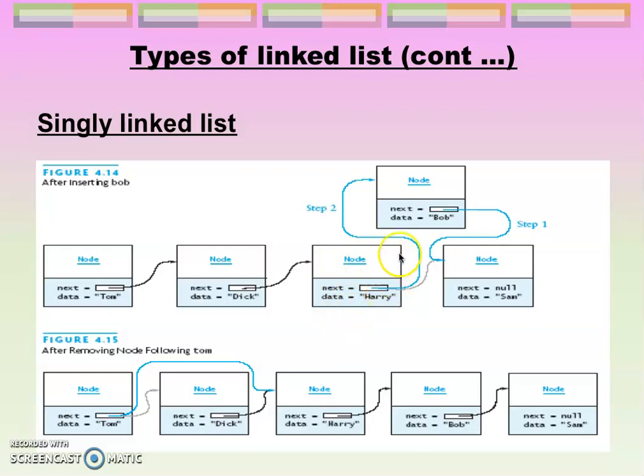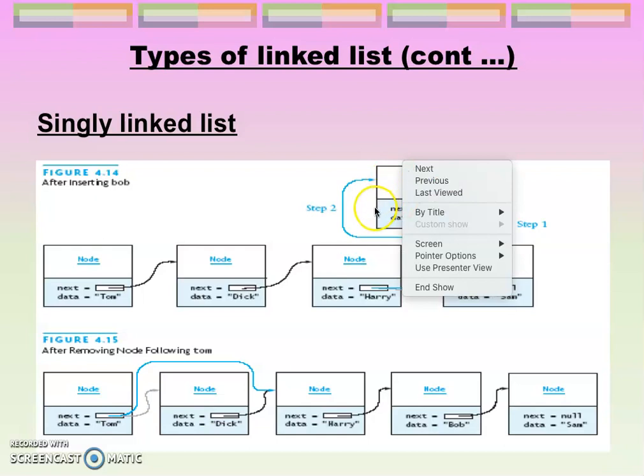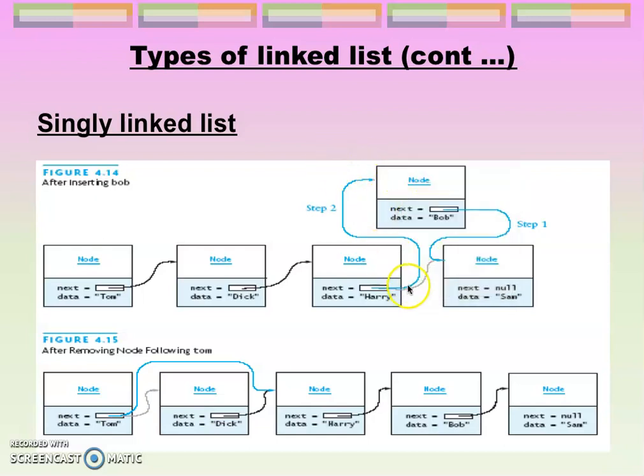So daripada kita simpan node ni, kita pun ubah, we keep the address of Bob punya node. Okay, means that this next will be pointed to this node, then this next ni dekat new node ni akan point to Sam. So automatically it means that we just inserted a new node between Harry and Sam.